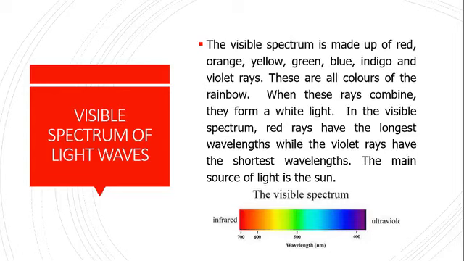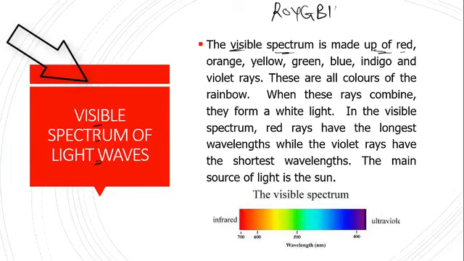Now let's talk about the visible spectrum of light waves. The visible spectrum is made up of the ROY G BIV colors, like we talked about. R stands for red, O stands for orange, Y stands for yellow, G stands for green, B is for blue, I is for indigo, and V is for violet. You would notice that these are all colors of the rainbow.